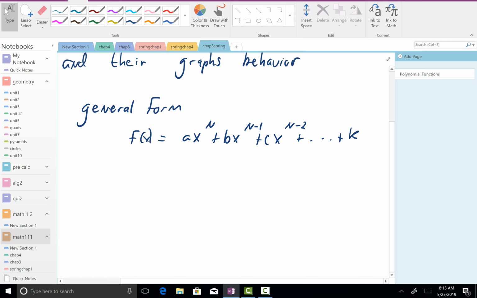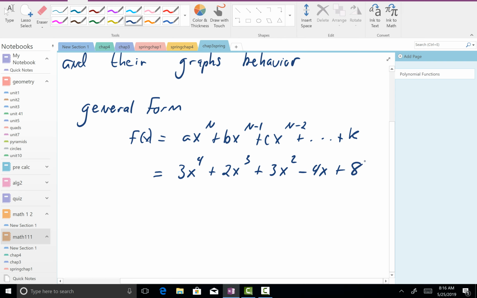So what does all that mean? Well, that means that A, B, and C are just regular old real numbers. So we have 3x to the fourth plus 2x to the third plus 3x to the second minus 4x plus 8 would be an example.